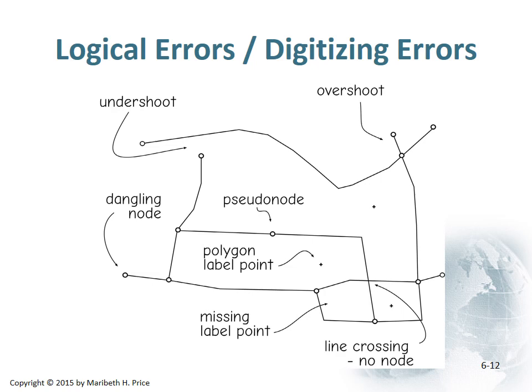If your data set has a full complement of those except for one, you'll have a polygon that, when you call the label function, won't get labeled. So this is just a small sampling of errors. There are a lot more, and if you look into the literature on it, you can find names for a lot of errors. But ideally, when you are digitizing, you will minimize the amount of errors and eliminate them in your work, so you don't have to worry about whether you've got undershoots, overshoots, things like that.